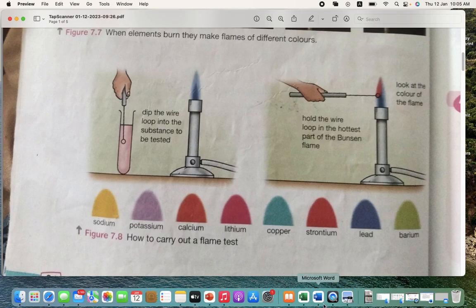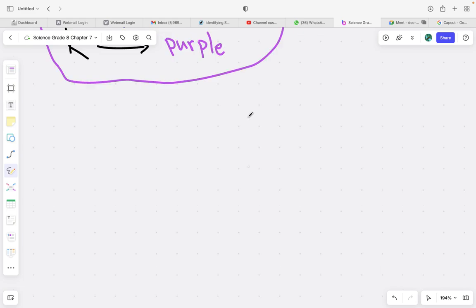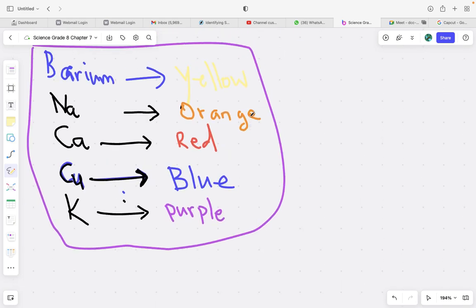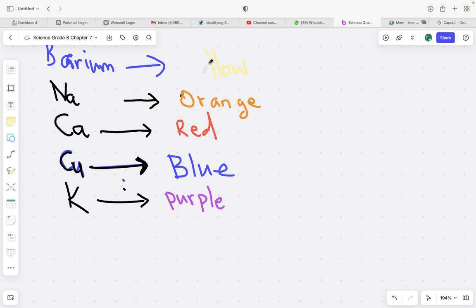Okay, so let's go back to that and fix. Take note, you're going to tell me. Let's use this one to complete what we were doing before. Now let's fix this. Barium is not yellow. Can we erase that? What color is barium?